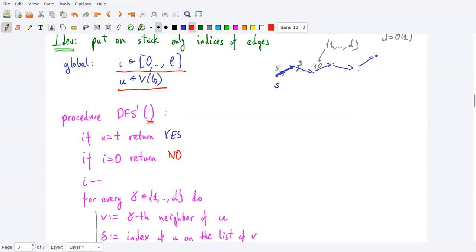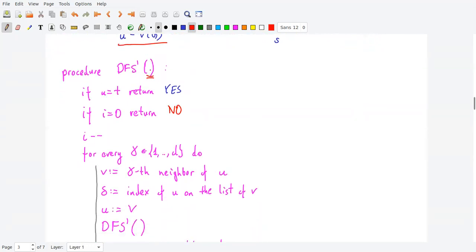DFS prime works as follows: if the current vertex is already the target, I return yes. If i is equal to 0, I have reached the bottom of the tree, so I return no.